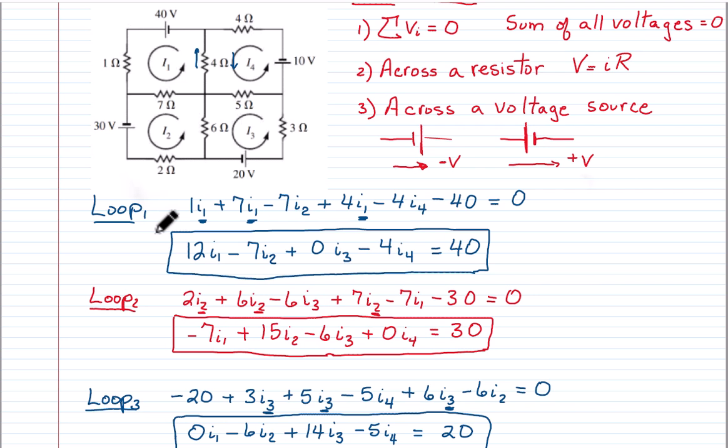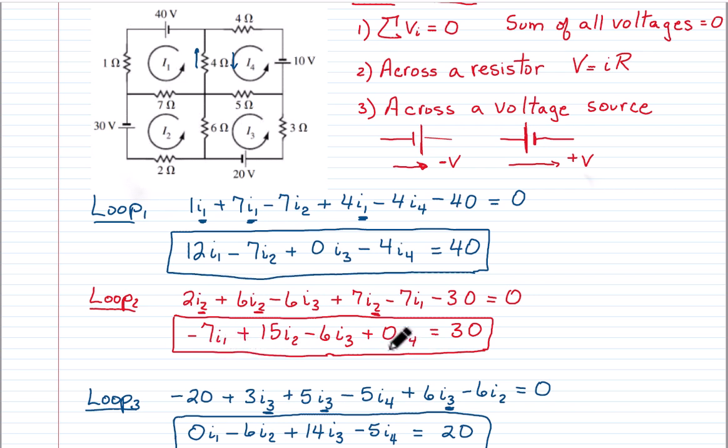I want to see that in your work as well. Now the rest of these, I just did the same thing. I went around loop 2, keeping in mind how I went across the voltage source, and if I was in a place where, for example, here in loop 2, I2 goes this way, I3 is coming in the opposite direction.